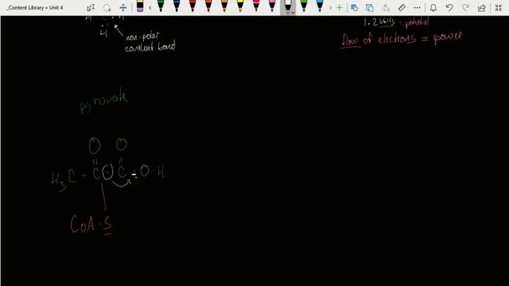So if I can take a carbon-carbon bond and convert it into a carbon-oxygen bond, it's more stable. It's at a lower energy state. And this is very much in line with the second law of thermodynamics. Everyone's seeking the lowest energy state of stability.